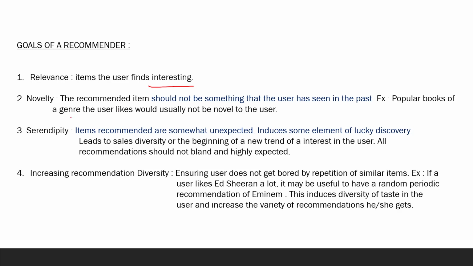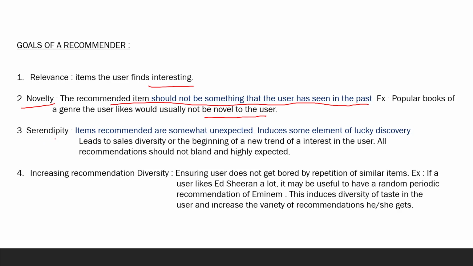And then of course we have novelty, which is a very familiar thing with respect to every single algorithm that's used. The recommended item should not be something that the user has already seen in the past. It should be something new, something that the user will be interested to click on. So this is a good example: popular books of a genre that the user likes would usually not be novel to the user, right? Because he would have already seen them before.